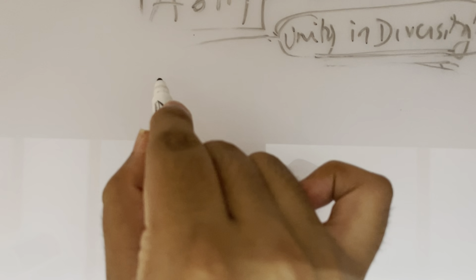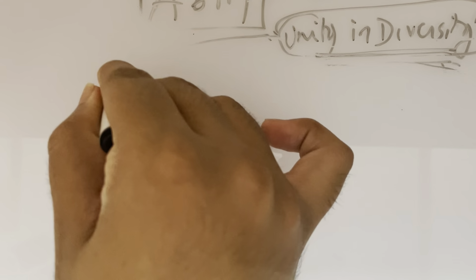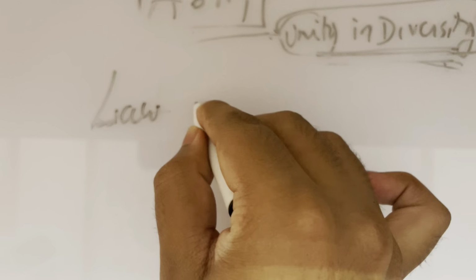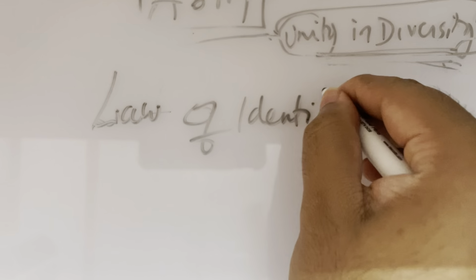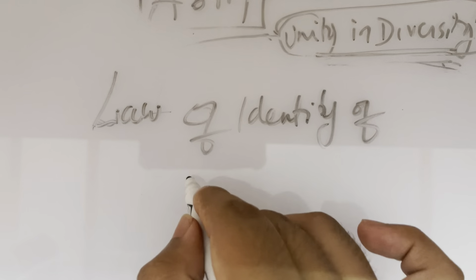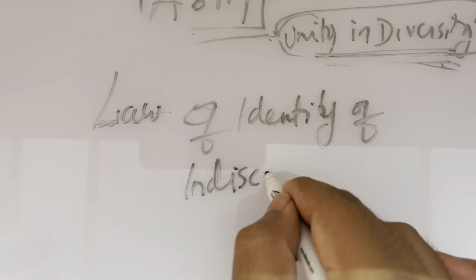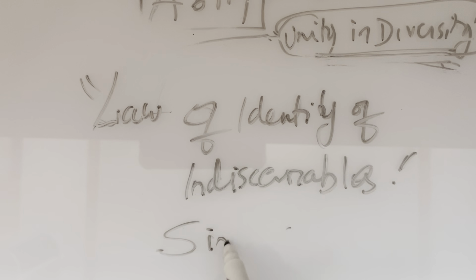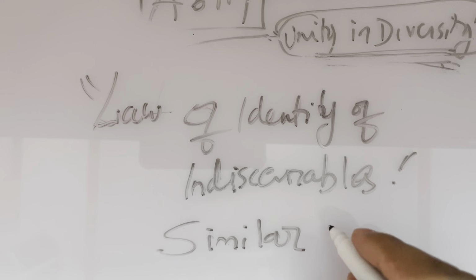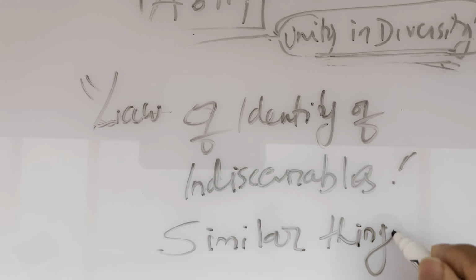Now we have a very unique law, the law of identity of indiscernibles. Basically, the law in its pure form implies that similar things are one and the same.